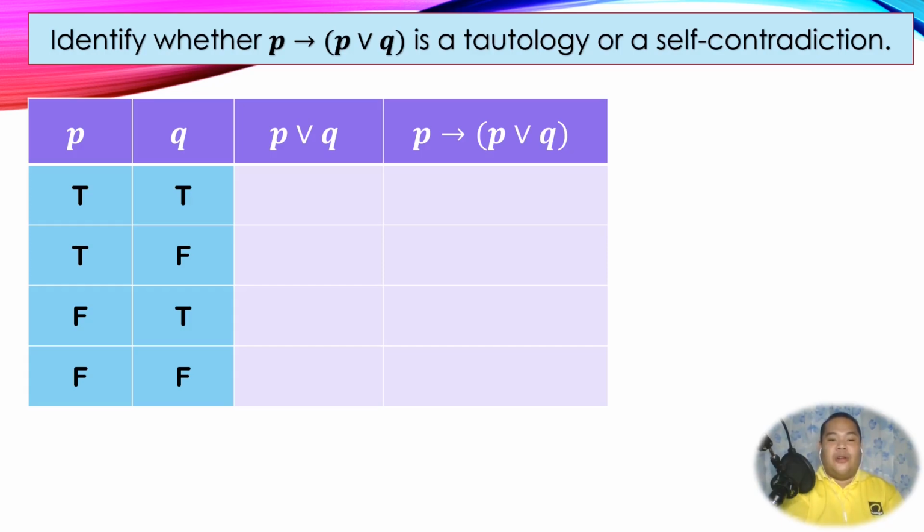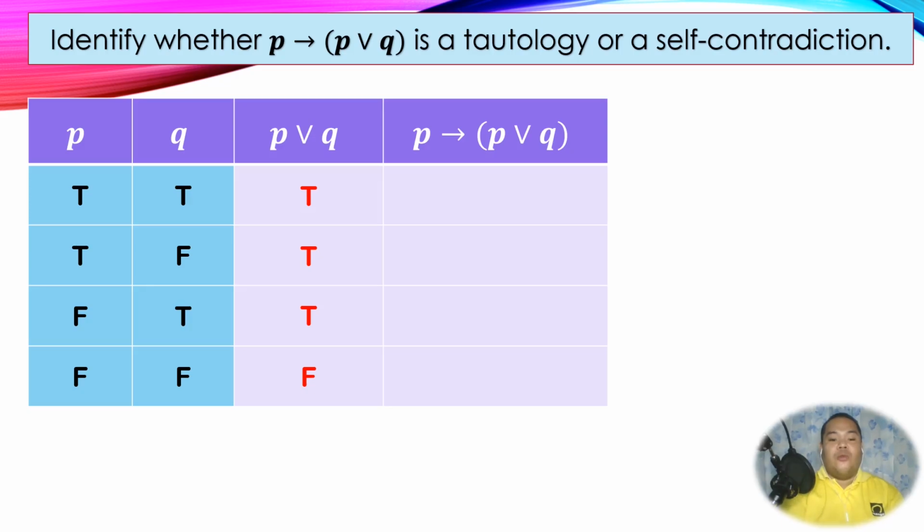So true or true is true. True or false is true. False or true is true. False or false is false.